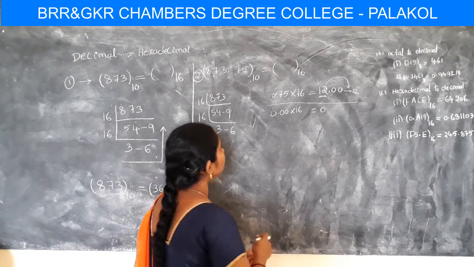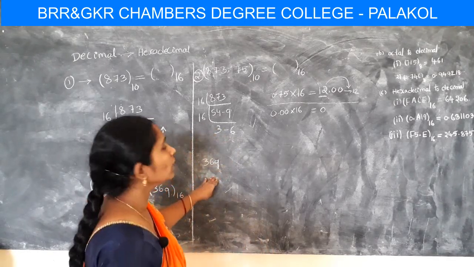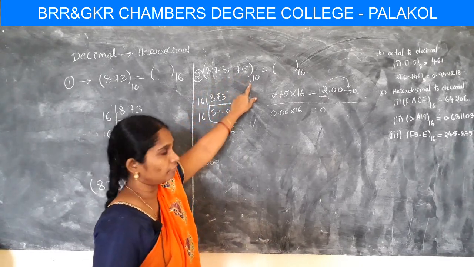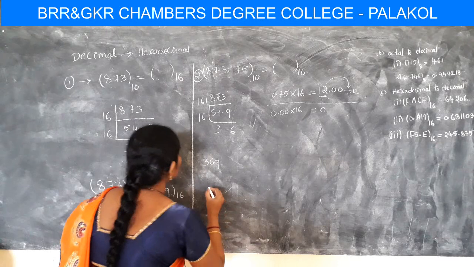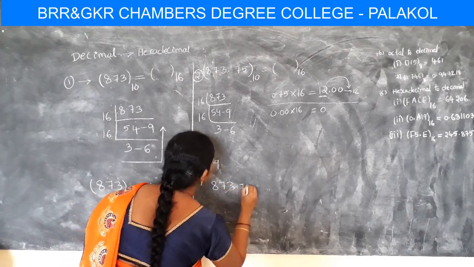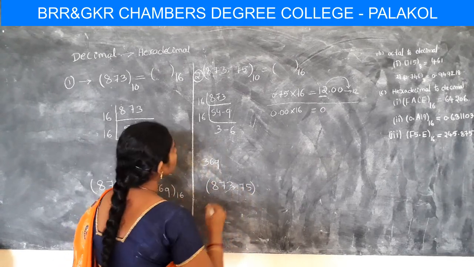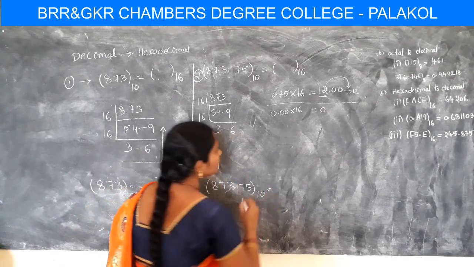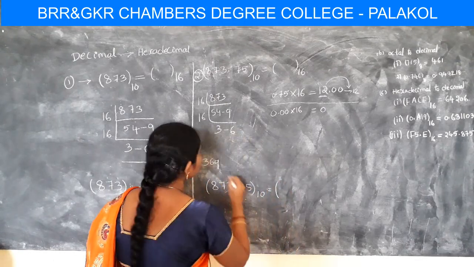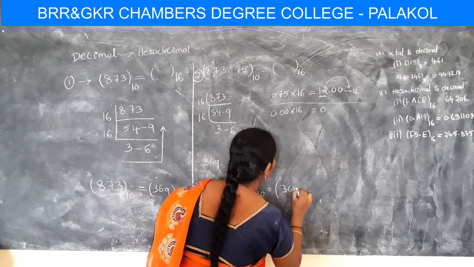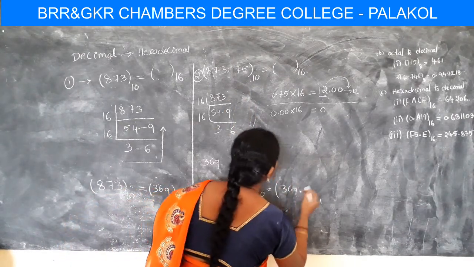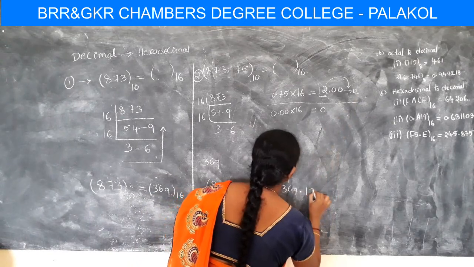Okay. So the final answer for this question: 873.75 is a decimal number. The equivalent hexadecimal value is, for the integer part 369, and for the fractional part 12.